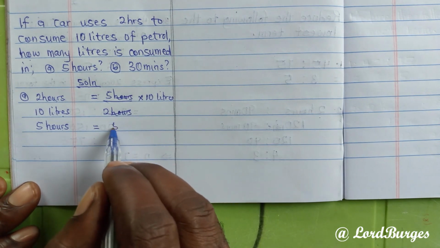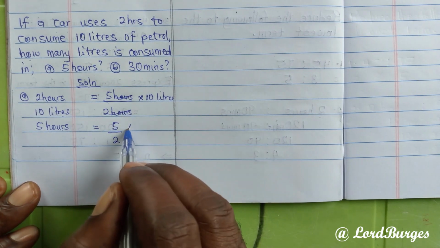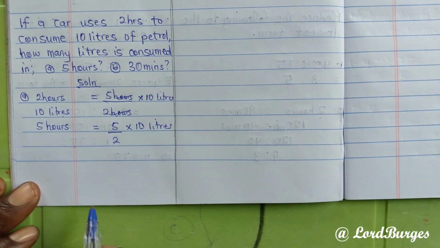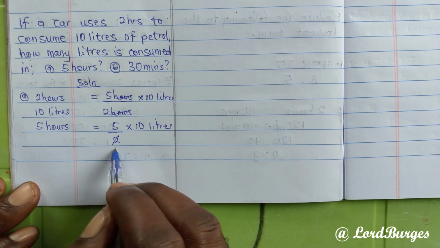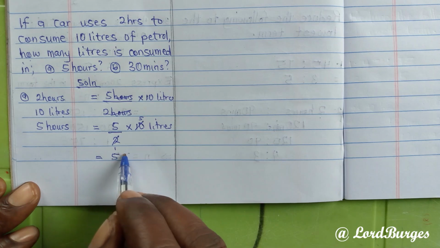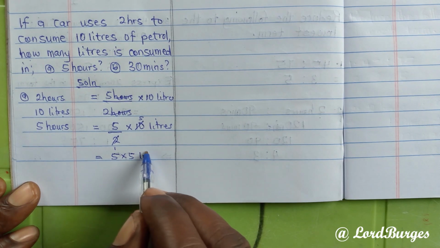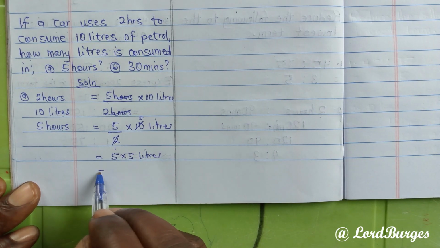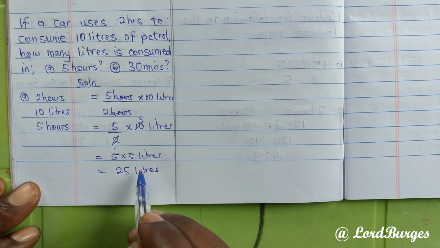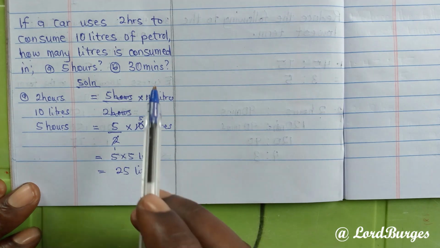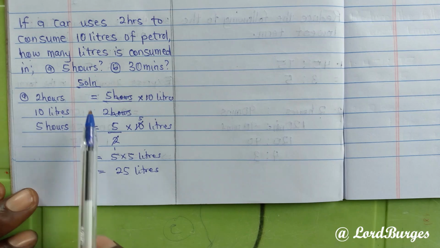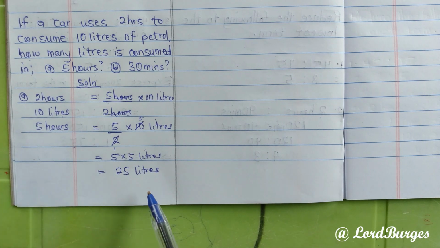So I would be having 5 over 2 times 10 liters. So 2 into 2, 1, 2 into 10, 5. So now I have 5 by 5 liters, which is giving me 25 liters of fuel. So in 2 hours, the car consumed 10 liters, but in 5 hours, it will consume 25 liters of fuel.